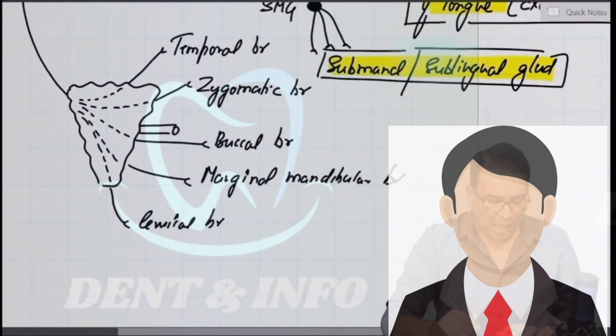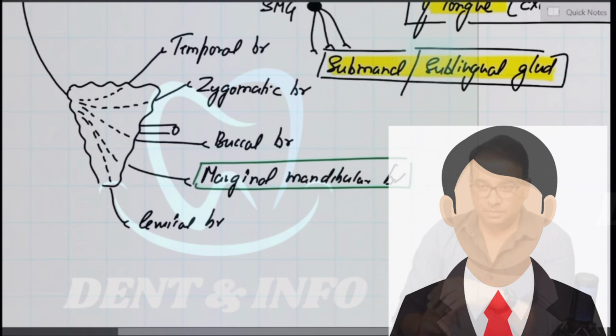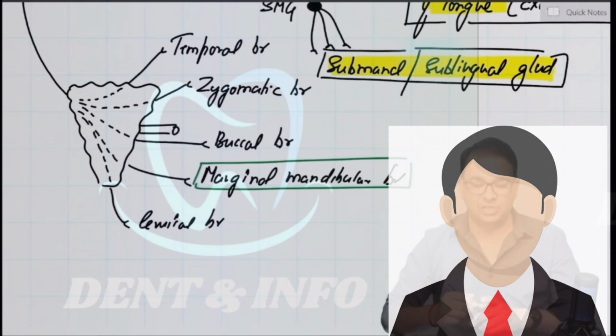Let's say out of these 5 branches, it's the marginal mandibular branch which can get injured in the submandibular gland surgeries. जब भी आप कोई submandibular gland की surgery करोगे, the moment you put the incision there, this nerve can get injured here.